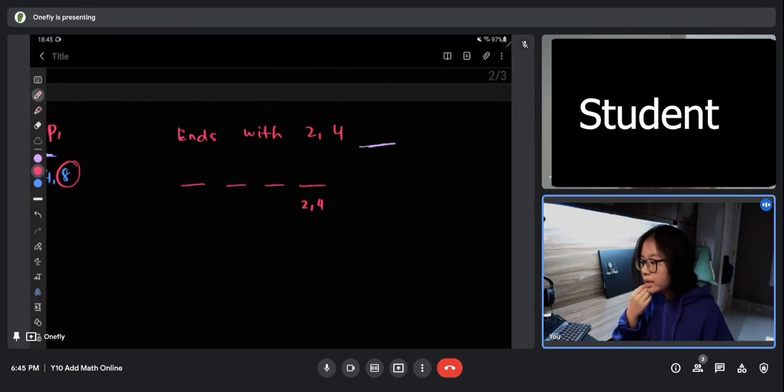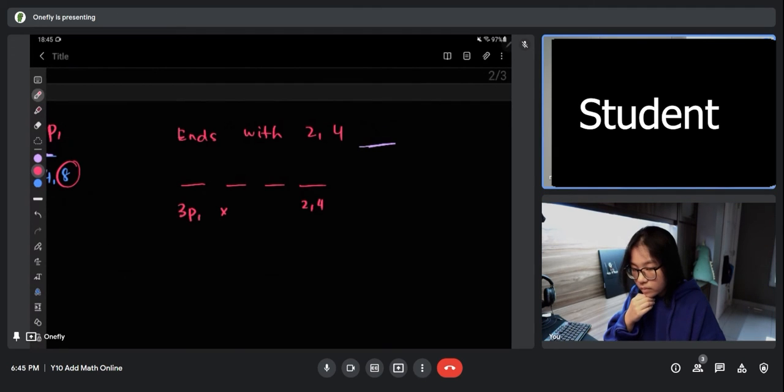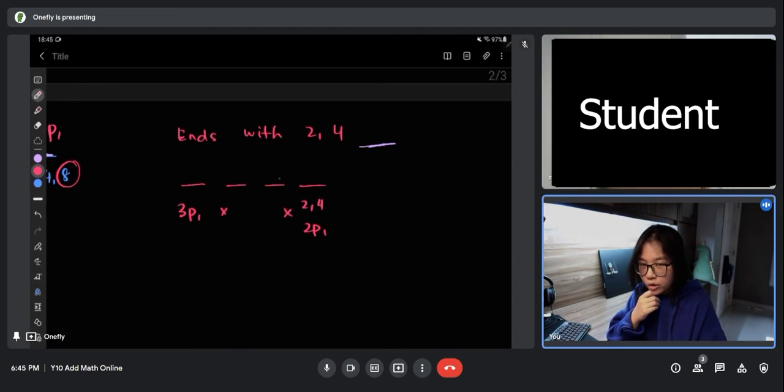Then can you calculate for this one first? 2P1 times... And then still got these two slots. Very easy one.